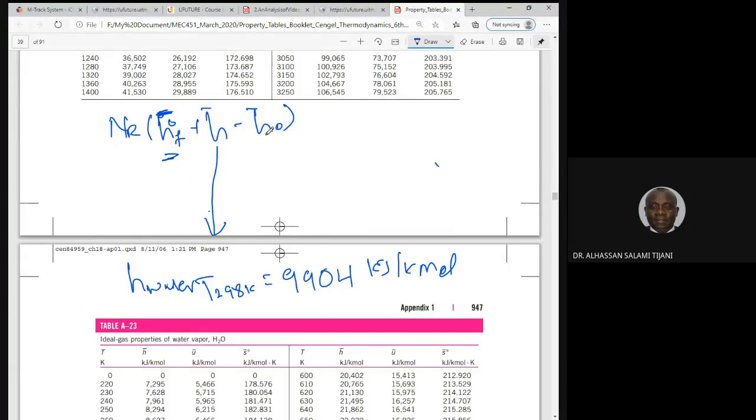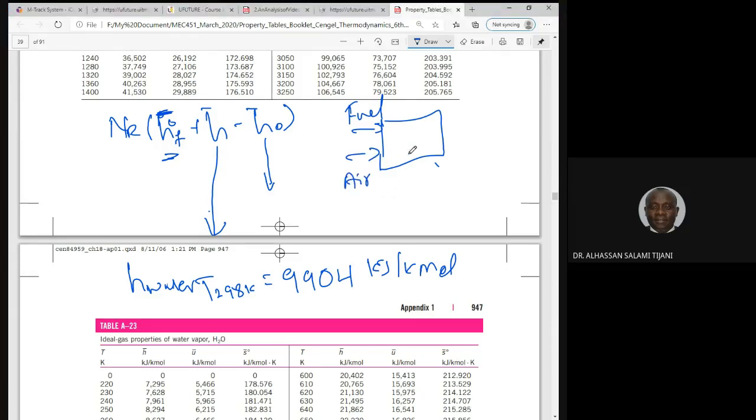Similarly, if you want to find the enthalpy at standard state, it's the same thing. Here, given state means in the combustion chamber, we have fuel going inside, and we have air also going inside.